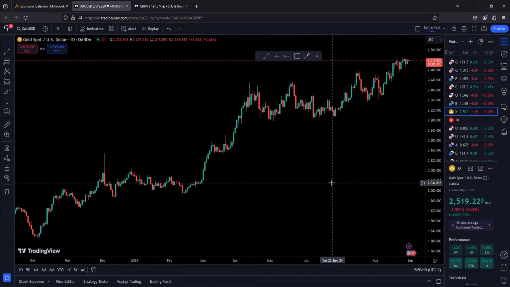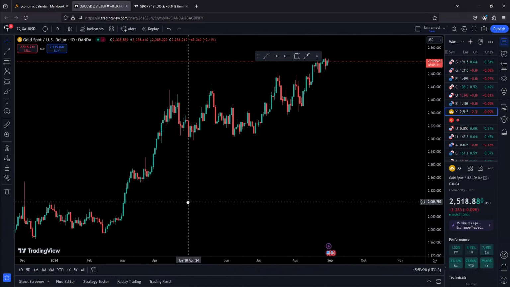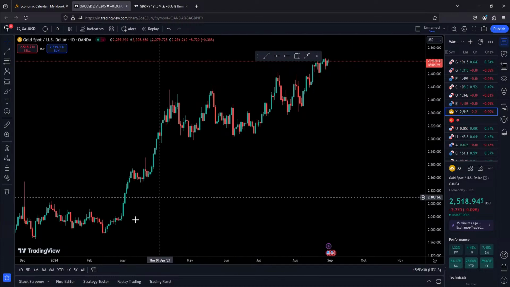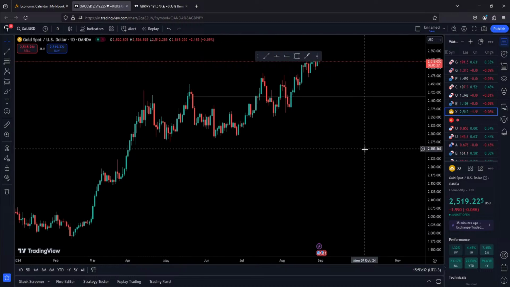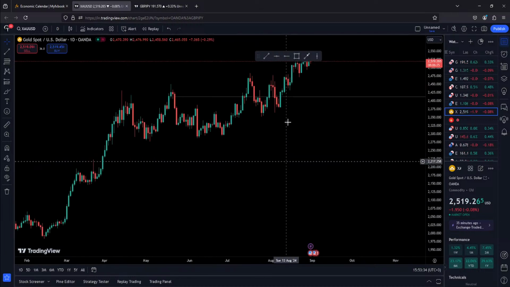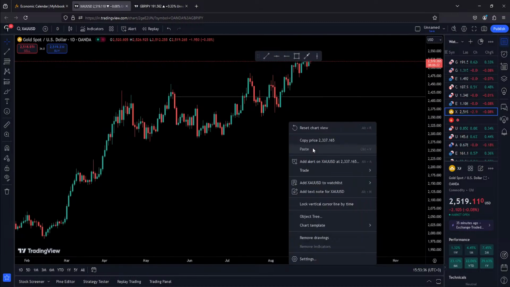So if we talk about the daily time frame, then the daily time frame is basically in buys at this point of time, right? Because obvious reasons the market is moving up at this point. So let's quickly draw some trend lines so that we get a clear picture of the market and what the market is actually doing right now.